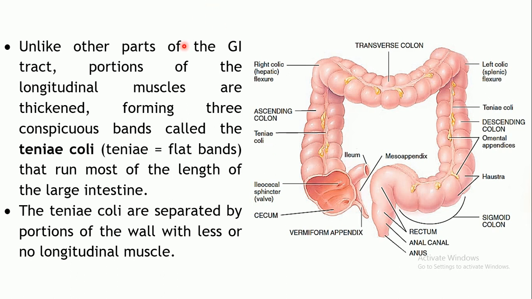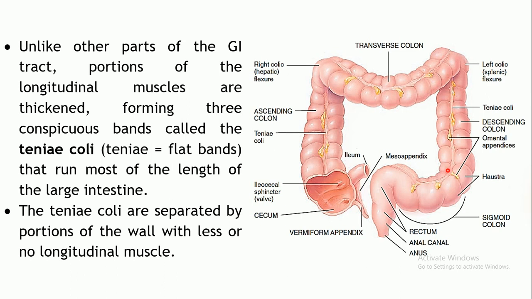Now, unlike the other parts of the GI tract, in the large intestine these longitudinal muscles are thickened at certain areas. So they form three bands of smooth muscle, known as taeniae coli. As you can see, there is a band of thickened longitudinal muscle here, here, and over here.